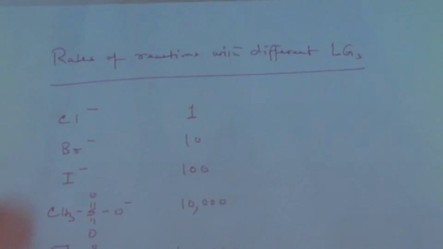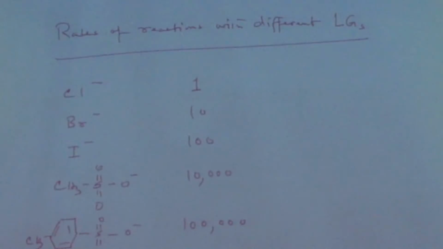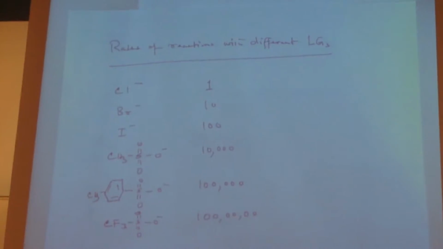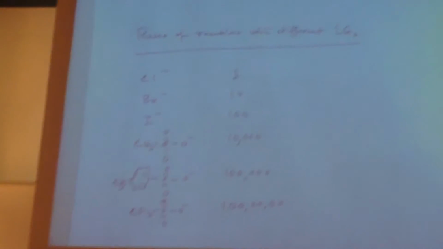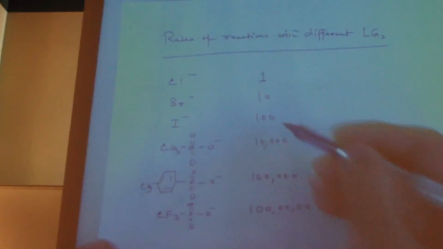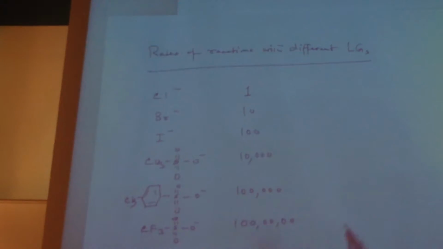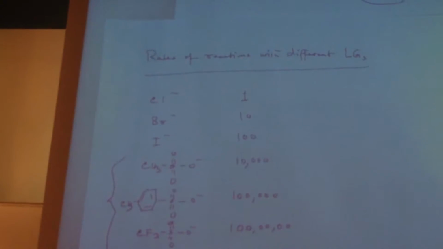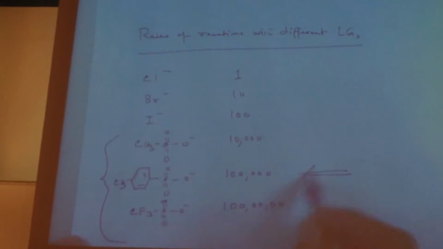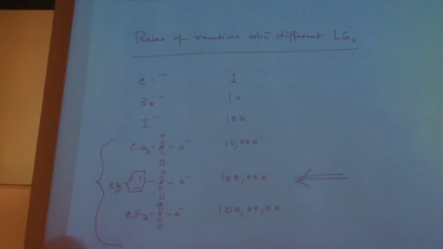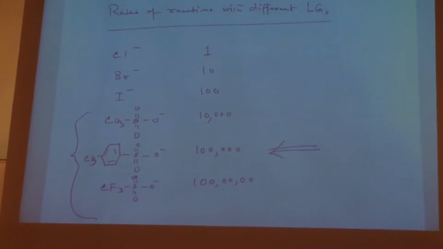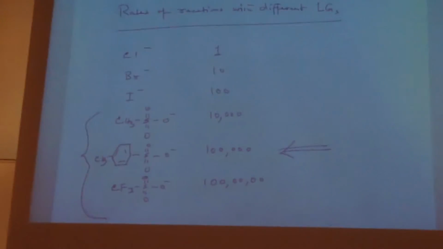Starting from chlorine, Cl minus, to CF3SO3 minus, there's a millionfold difference in their rate of release. Okay, starting from 1 to 10 to 100, then the mesylate, this is what it's called. These are all different groups, but more frequently we use the tosylate. This one is so touchy that with a little bit of change in condition, the leaving group just falls apart. That's why it's more difficult to handle and more frequent to use the OTs.